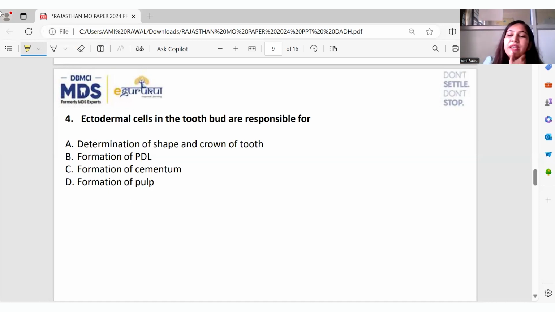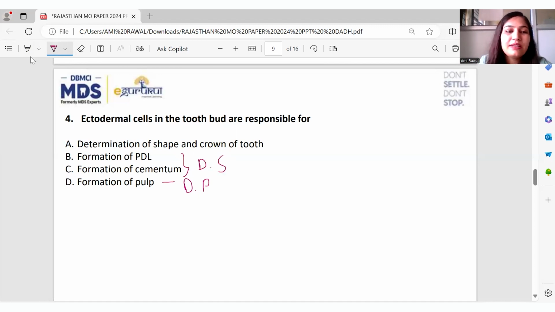The rest, formation of medial cementum and pulp, are mainly formed from dental papilla and dental sac. Pulp is formed from dental papilla. PDL and cementum are formed from dental sac.